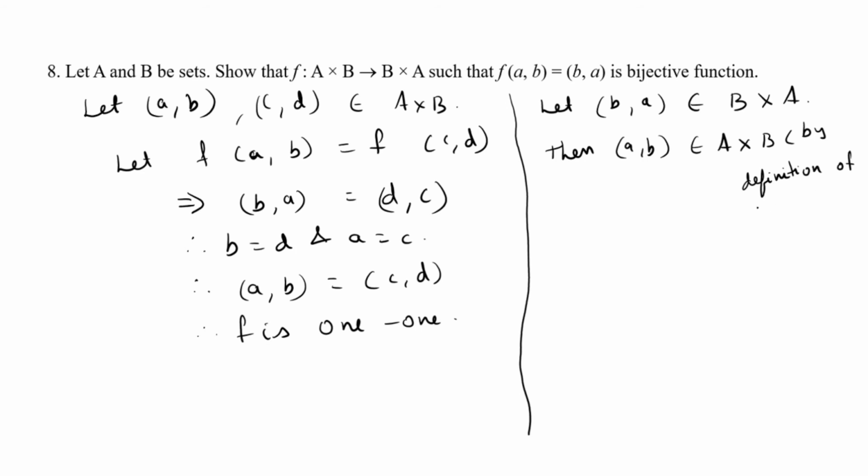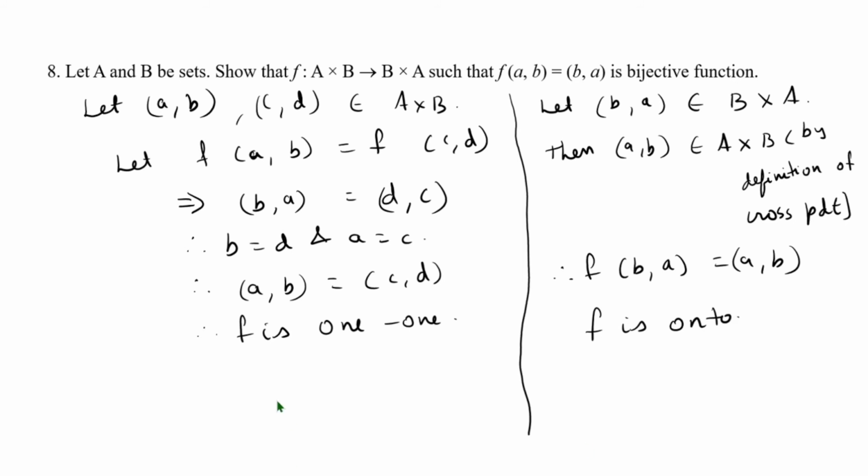Therefore, f(a, b) = (b, a). So which means f is onto. So we have proved that f is one-to-one and f is onto. So f is a bijective function. Therefore f is bijective.